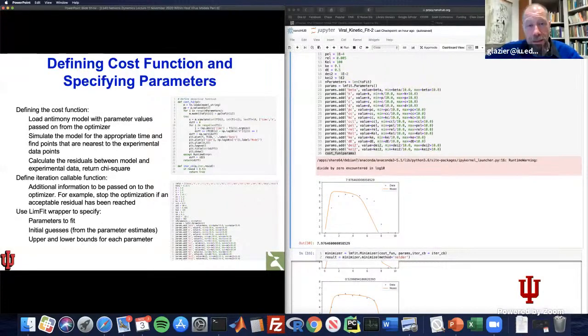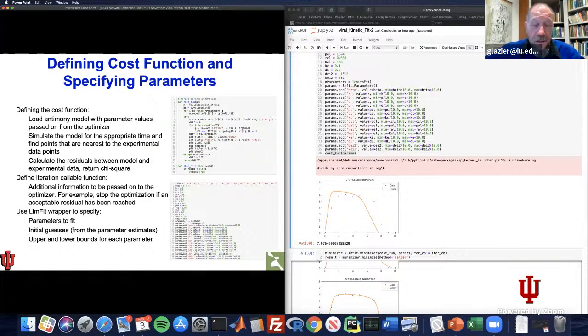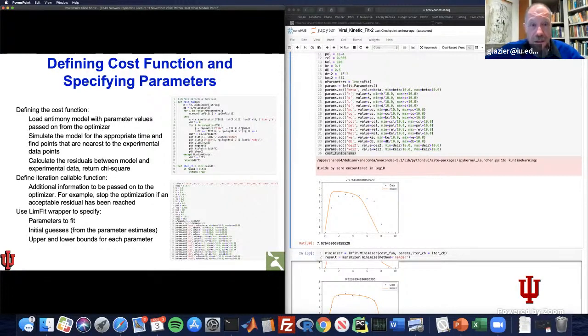Well, way off is a matter of convenience. If you start with parameters that are way off, one of two things happens. Either the optimizer will happily converge to some result that doesn't agree at all with what you're trying to fit, in which case you're stuck in what's called a local minimum of the optimization space, or the optimizer never converges at all, in which case it tries and tries and fails to give you a result.